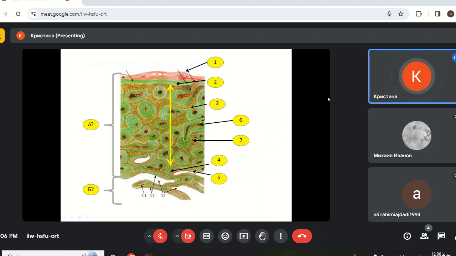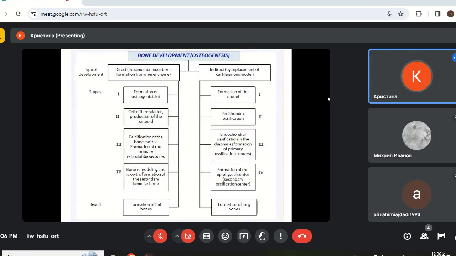So this picture will help you to train yourself to find the correct names for all the parts of the bone as an organ. And now we go to the development of the bone, which is called osteogenesis. Osteo stands for bone, genesis means development.